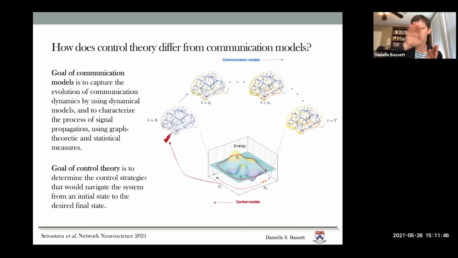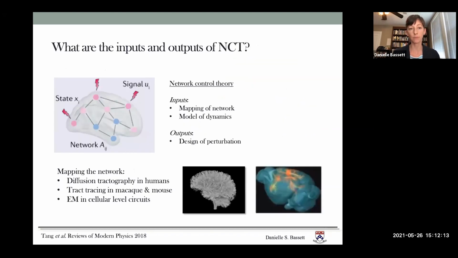And so I think about the communication models as moving from time one to time two, thinking how does this pattern of communication change? Whereas the goal of control theory is to say, I have a target state that I want to get to. How do I design a perturbation that will get me there? So it's almost the inverse problem. So the goal of control theory is to determine the control strategies that would navigate the system from an initial state to a desired final state.